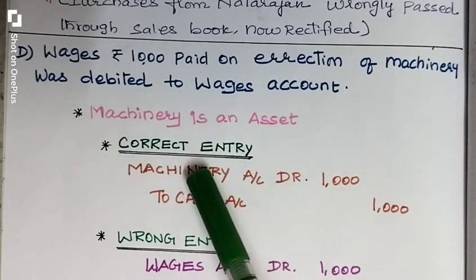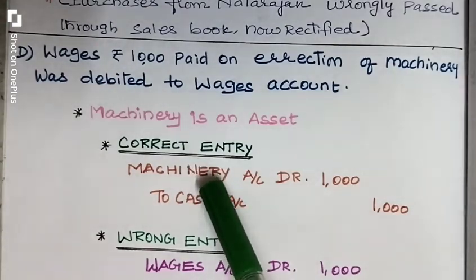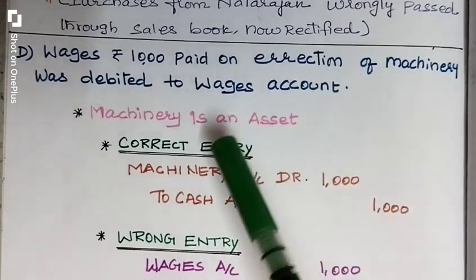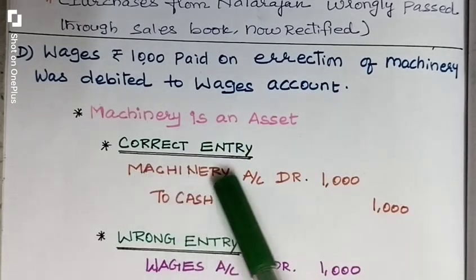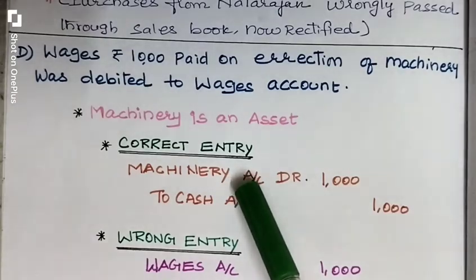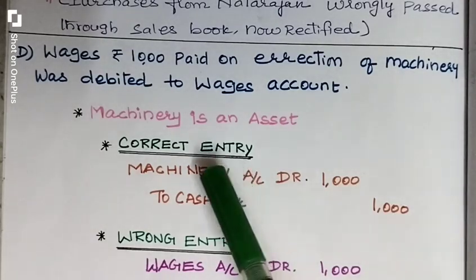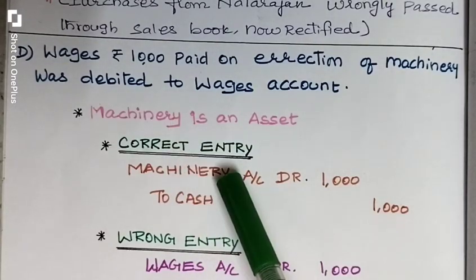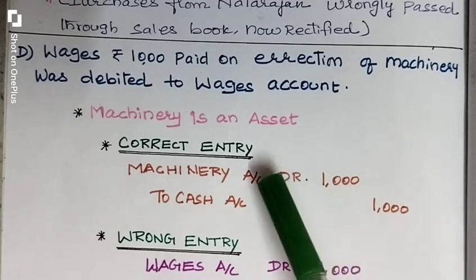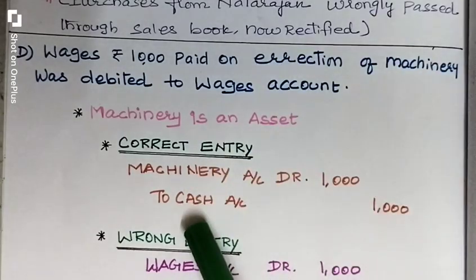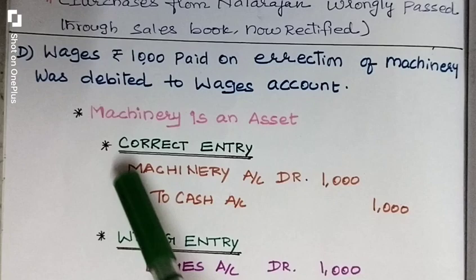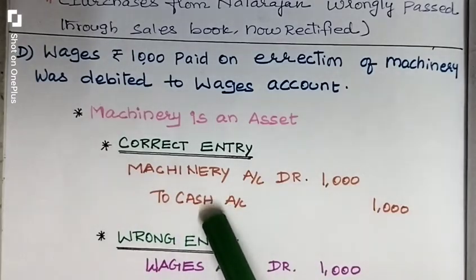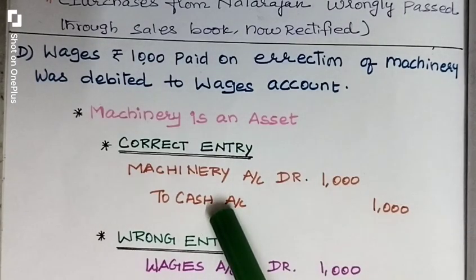When you purchase and erect machinery, that is the kind of expense that is capitalised, and it will be debited. So the machinery account is to be debited. When you erected machinery, cash goes out in the name of wages. Whenever cash goes out of your hand, the cash account decreases. Whenever the cash account decreases, you credit the cash account.